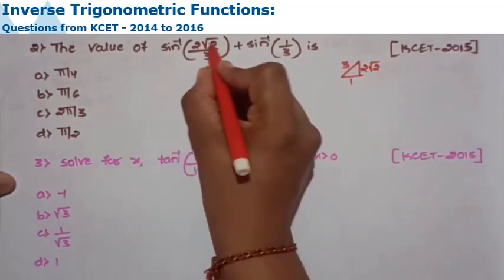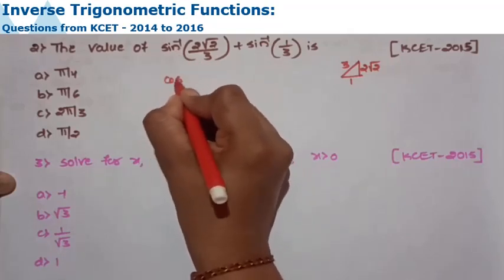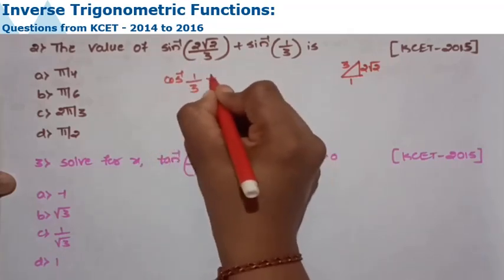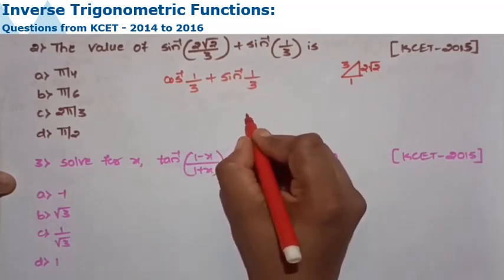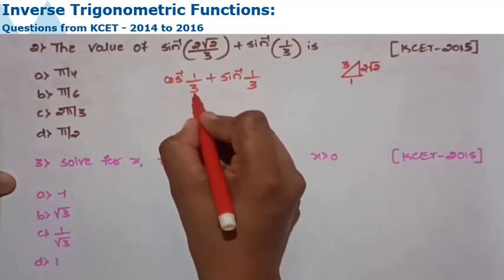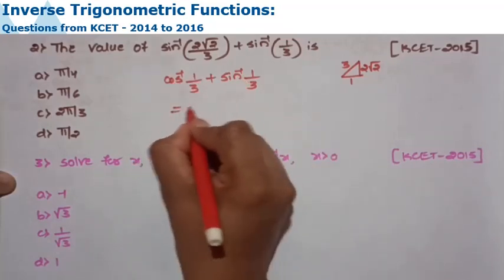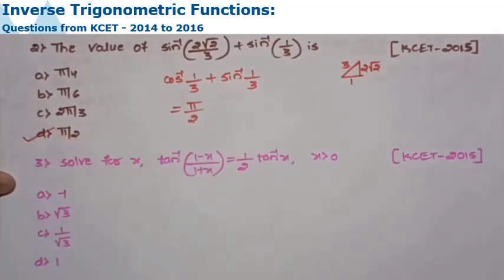Therefore I am writing sine inverse 2 root 2 divided by 3 as cos inverse 1 by 3 plus sine inverse 1 by 3. We know the standard result, sine inverse x plus cos inverse x is pi by 2. Therefore cos inverse 1 by 3 plus sine inverse 1 by 3 is pi by 2, which is option number D.